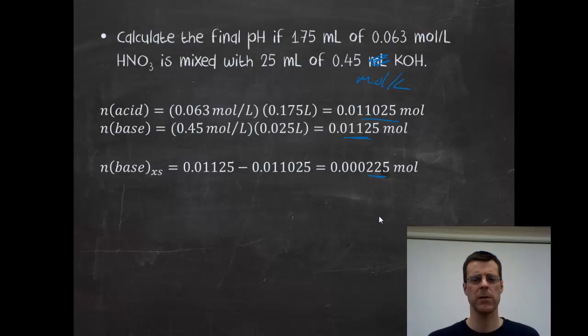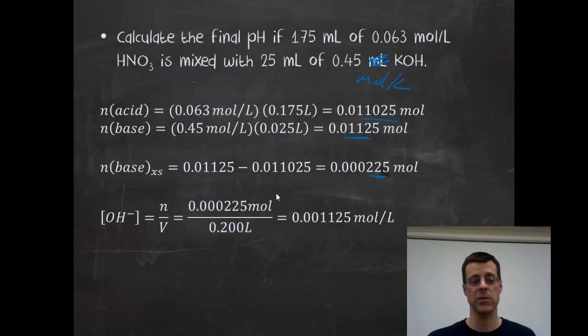There's my final numbers of moles of base, but that's not what I want. I want the concentration. So I divide that by the combined volume. So 175 milliliters with 25 milliliters gives me 200 milliliters. 200 milliliters, 0.2 liters. My new concentration is here, which is odd, and I didn't notice that before.